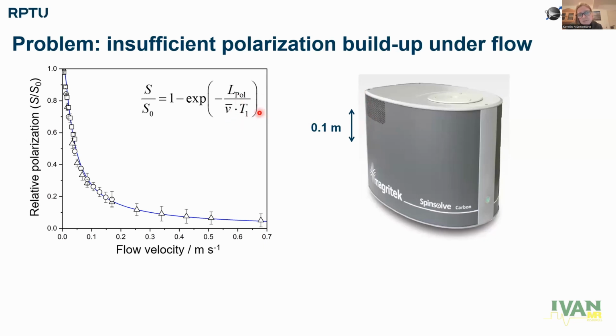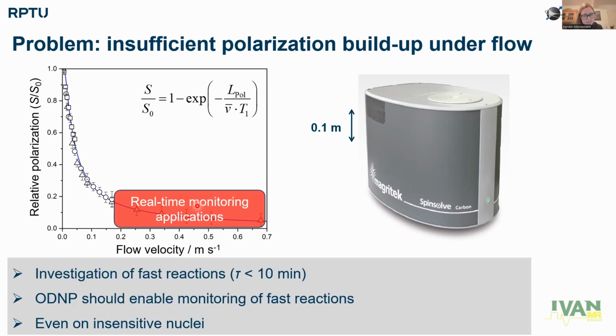And even if you go with protons with T1 times on the order of just a few seconds, you see that even with very moderate flow velocities, you lose a lot of your signal because the liquid travels too fast through the magnetic field to build its polarization up. And if you want to monitor faster reactions, that might be the flow regime you want to look at.